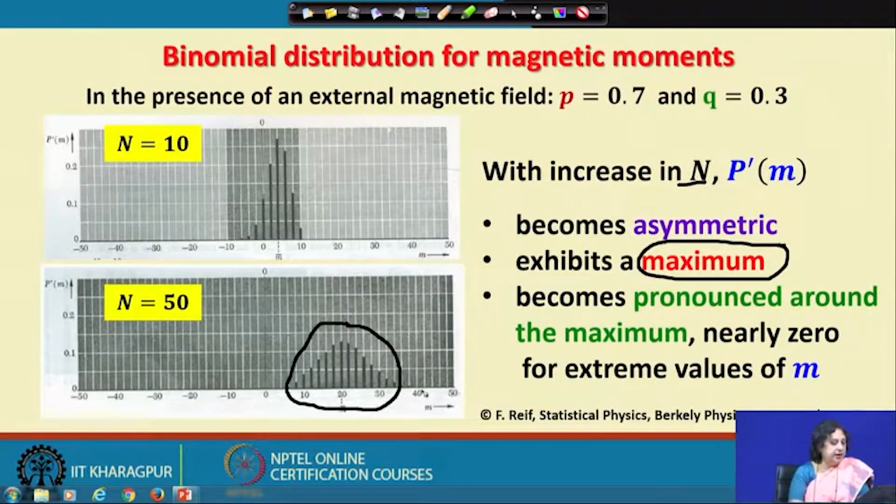But for the extreme values like plus 50 or minus 50, the probability of observing those values of m is nearly equal to 0.